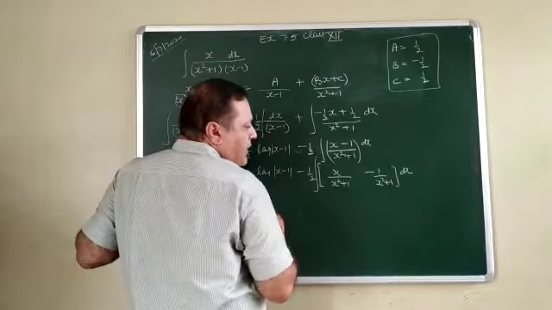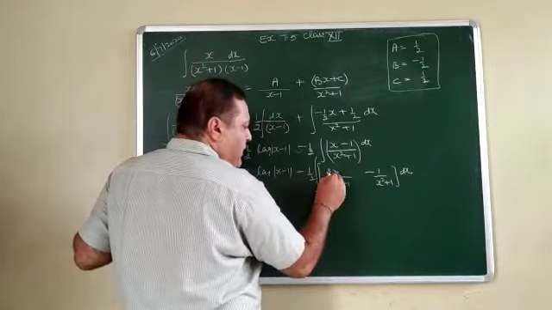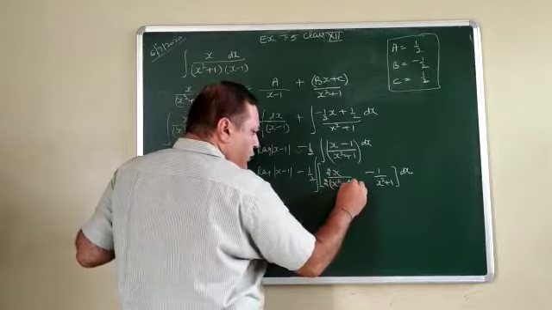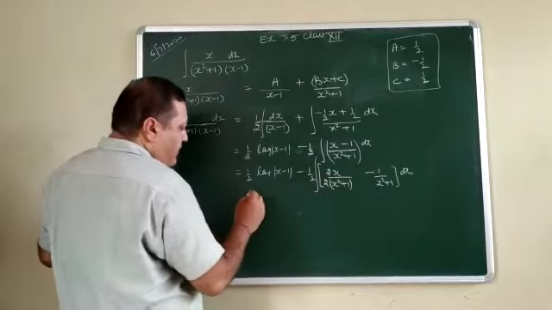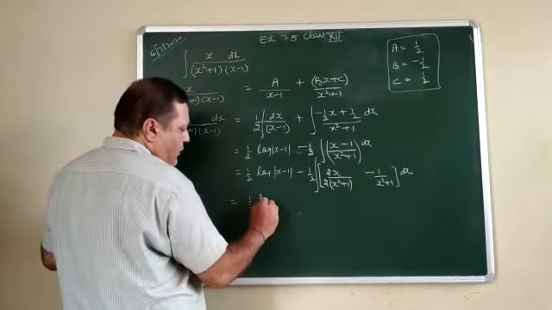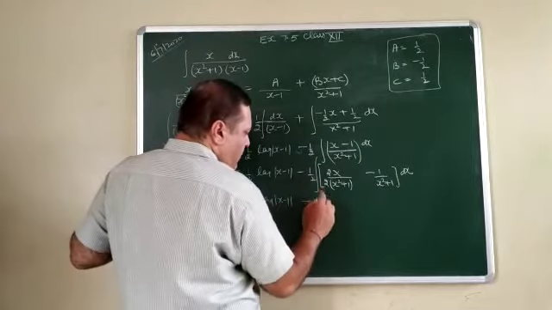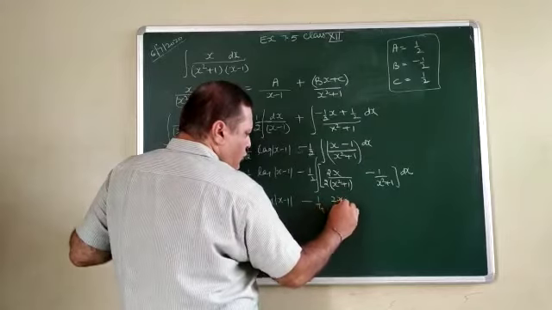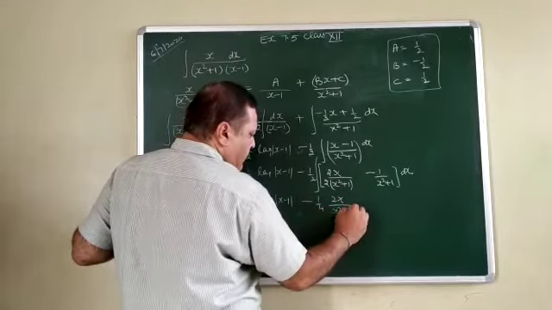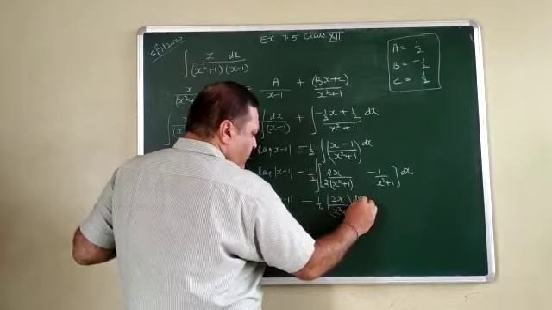We have only x, so we multiply it by 2 and divide by 2 so that it can adjust the derivative. Now see, 1 by 2 log of x minus 1 minus 1 by 4 into 2x upon x square plus 1 along with dx.